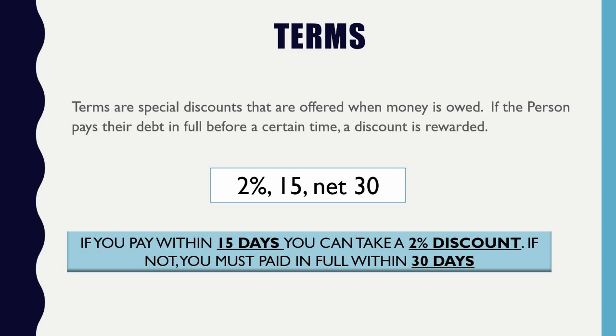And this is how you actually interpret these terms. If you pay within the first 15 days, you will be able to take a 2% discount. If not, the whole bill is due or needs to be paid within 30 days. So once again, this gives you an incentive to pay back quicker.